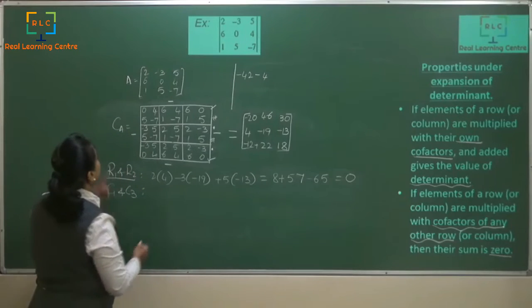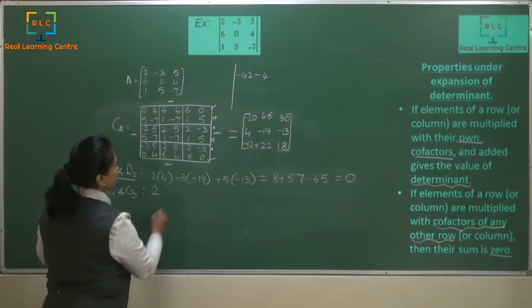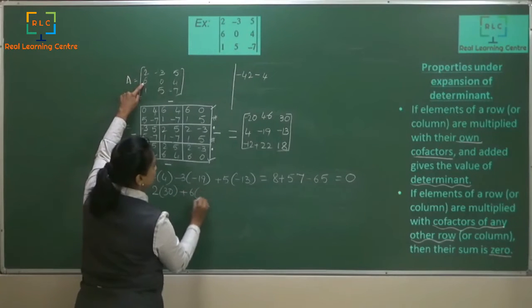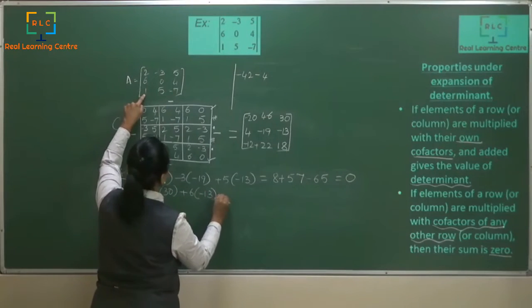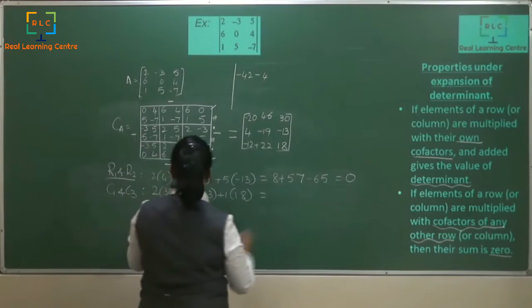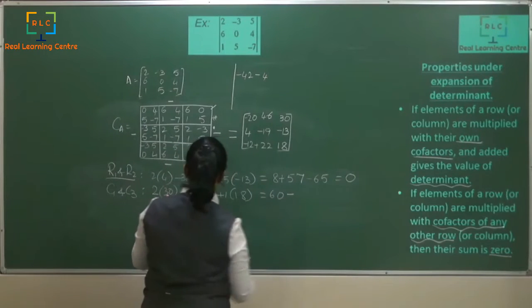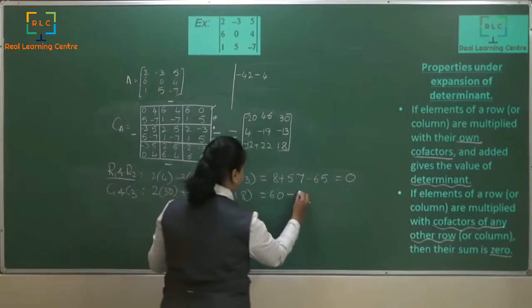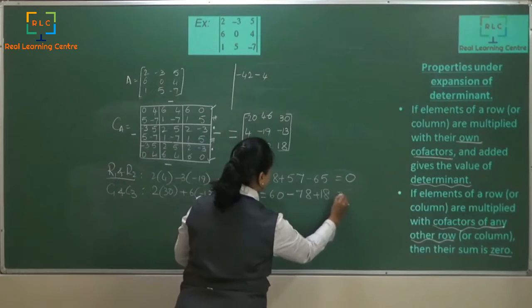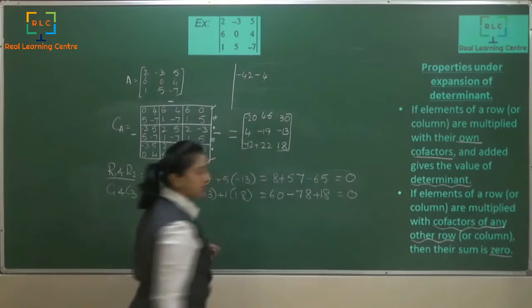Okay, so now I shall take 2 into 30, then plus 6 into minus 13, plus 1 into 18. So what are we getting? 2 into 30 is 60, minus 6 3s are 18, that is 78, plus 18. See, 78 minus 78 is 0, exactly 0.